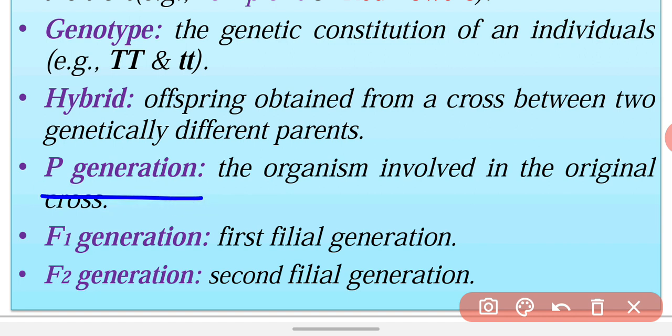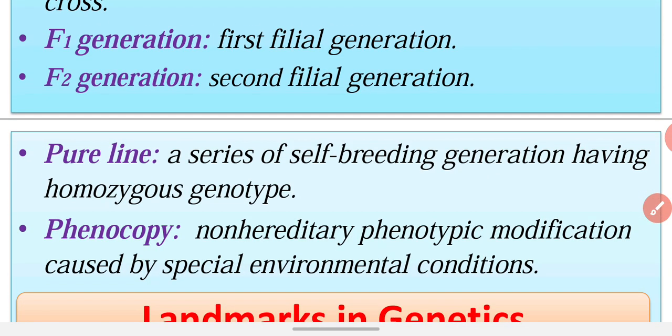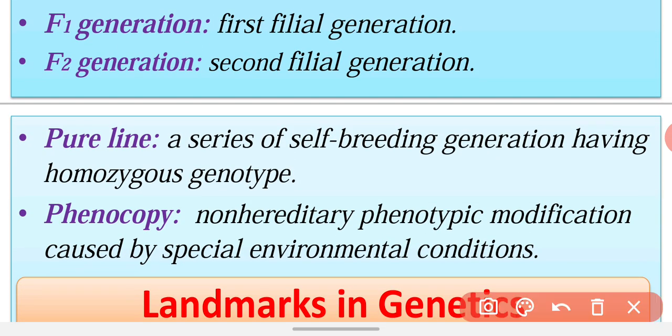P generation, the organism involved in the original cross. That means the parental generation is also known as the P generation. Next one is the F1 generation. F1 generation is also known as the first filial generation.